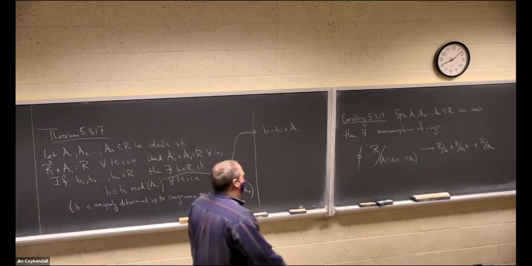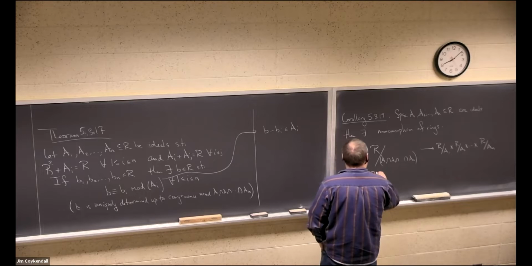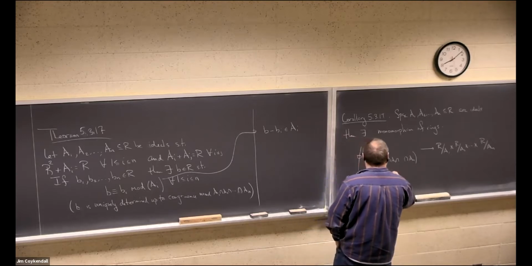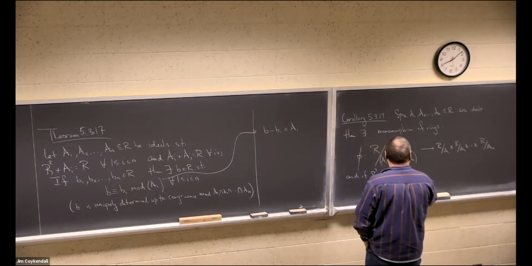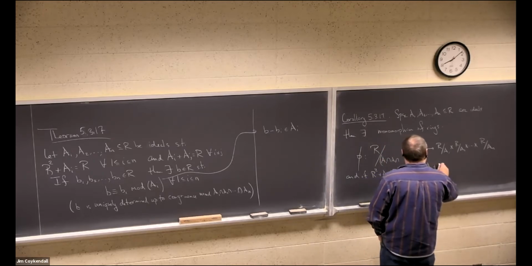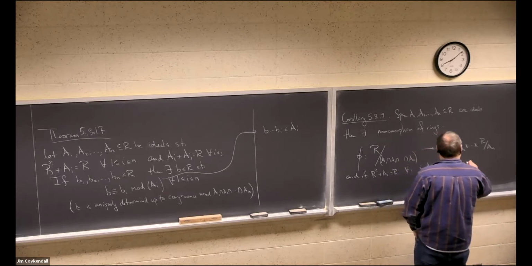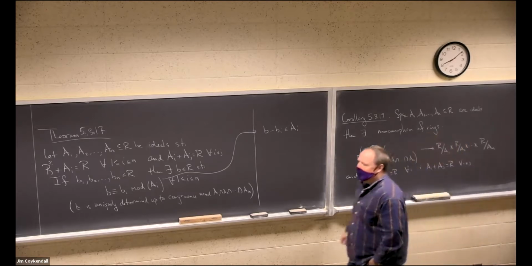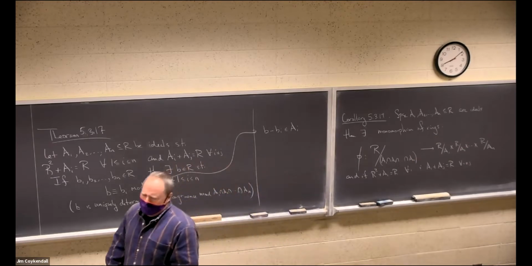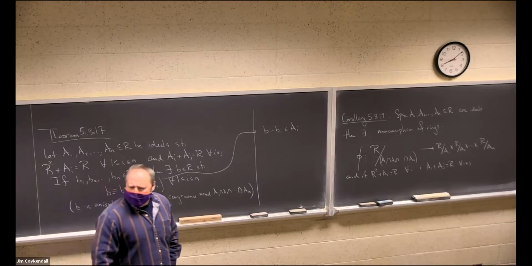And if Ai plus Aj equals R for all i not equal to j, then this homomorphism is in fact an isomorphism.